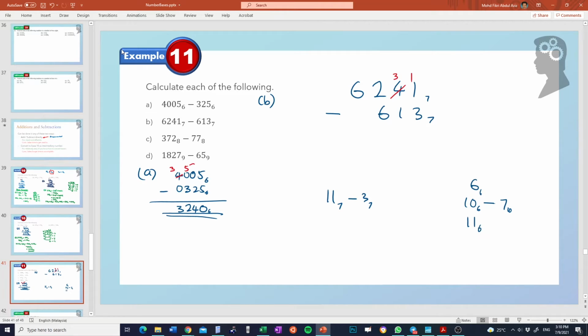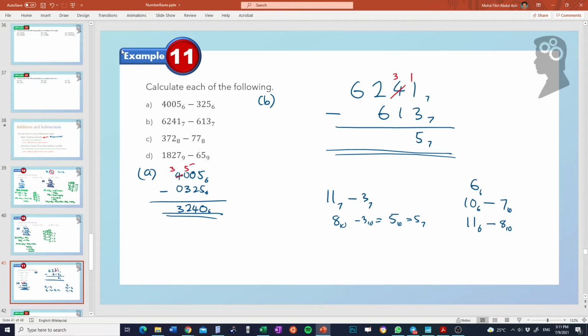After that 1, 1 base 7 is basically 8 base 10. So this is basically 8 base 10 minus 3 base 10, which is equal to 5. 5 base 10 and 5 base 7 juga. Sama ya. So that is 5 base 7.